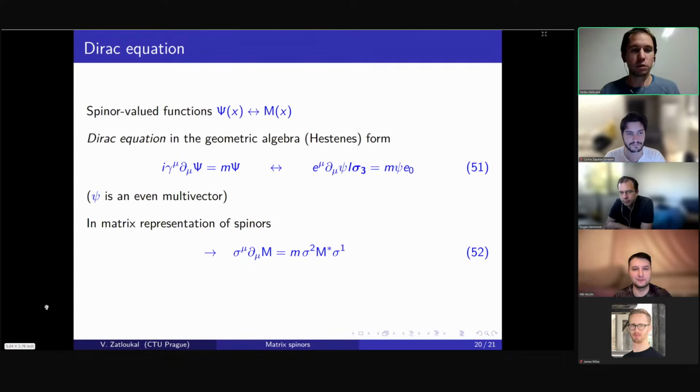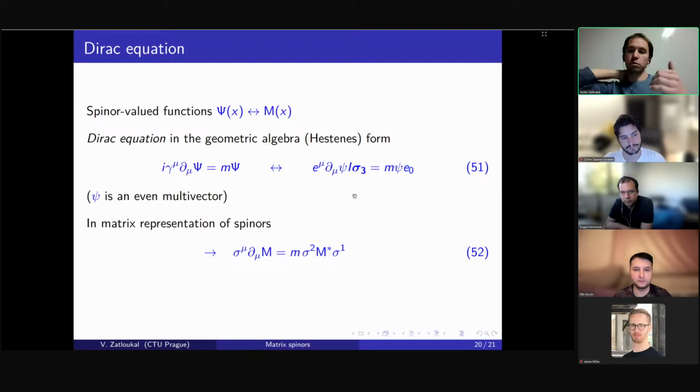The last thing: we discussed spinors at one single point, but we can take functions. We can take this translation between psi and m at every point of space-time, and then, for instance, rewrite the Dirac equation in a geometric algebra form. In geometric algebra, it is known that the Dirac equation for psi as even multivectors can be written like this, 51.